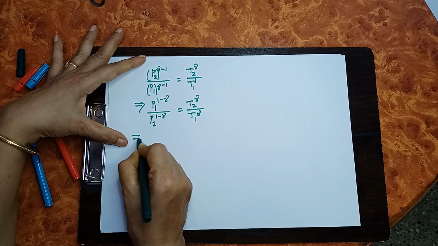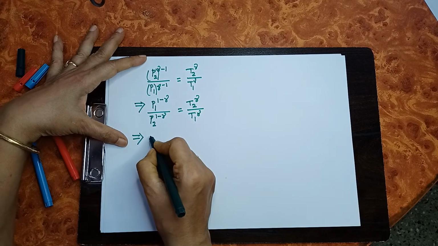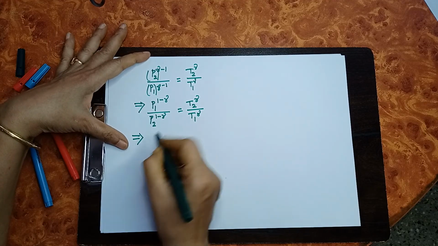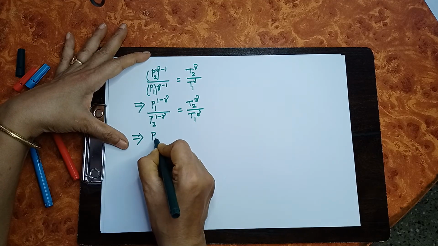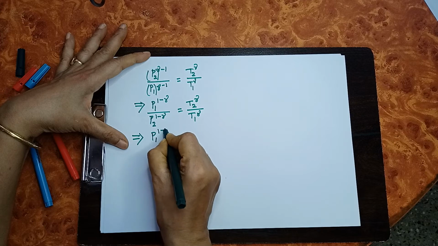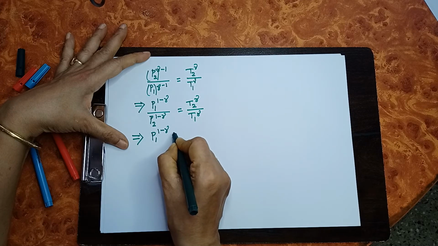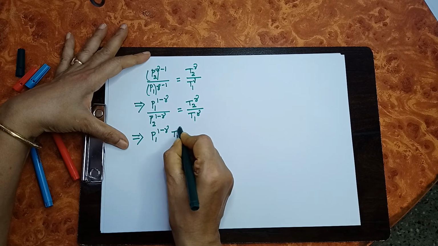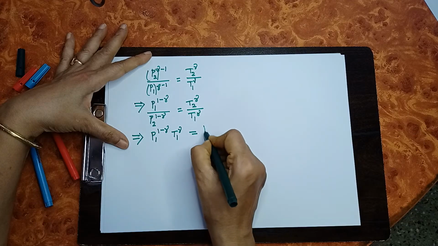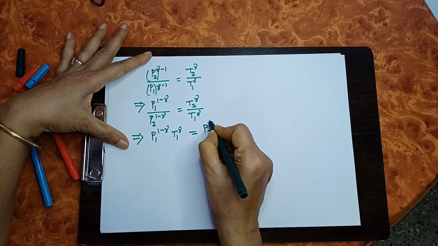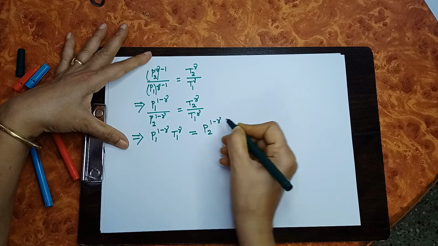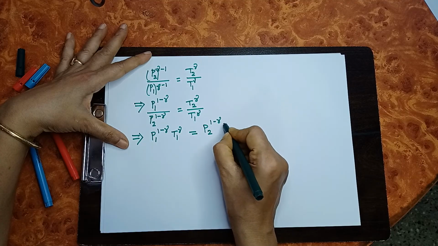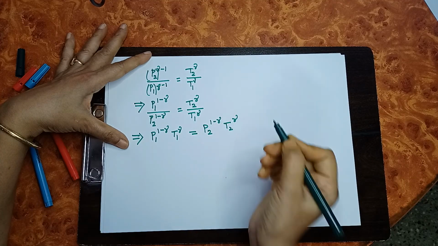Then we can write P1 to the power 1 minus gamma into T1 to the power gamma is equal to P2 to the power 1 minus gamma into T2 to the power gamma.